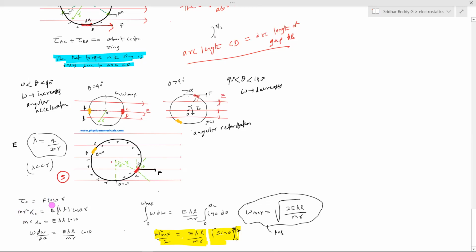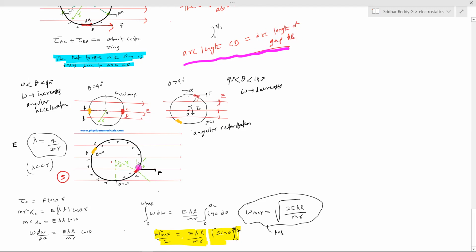What is F? F should be equal to the electric field strength E times the charge present in the length CD, that is lambda into L, because AB is equal to CD. Already I mentioned the arc length is equal to the arc length of the gap.